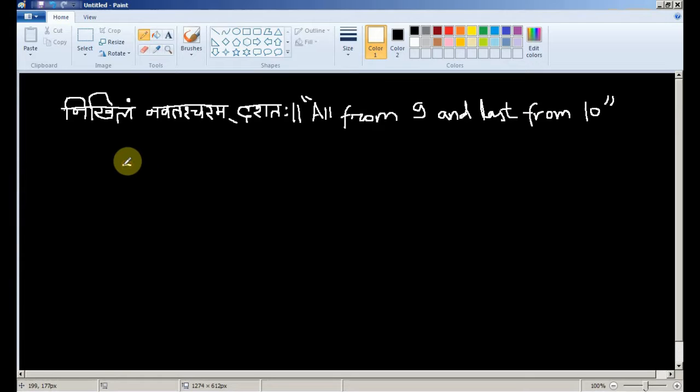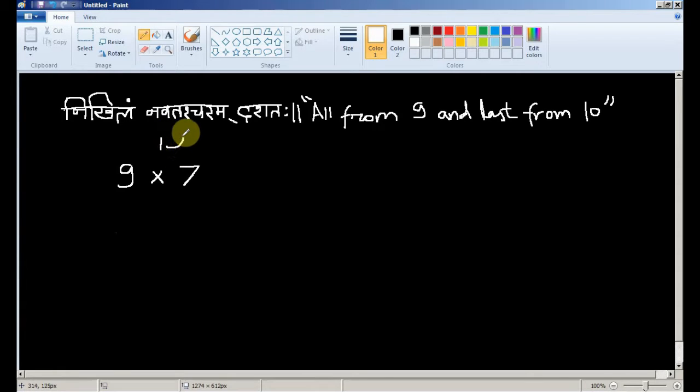Suppose you want to multiply 9 into 7. So how do we do it? Which is the nearest number to 9 and 7?